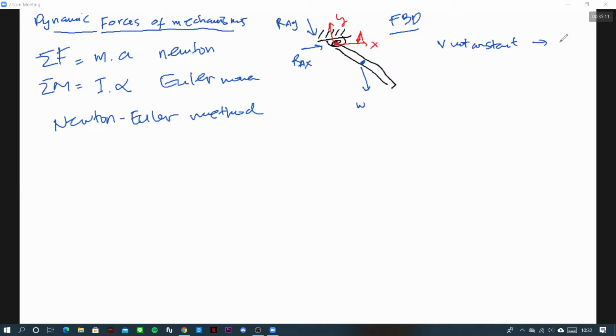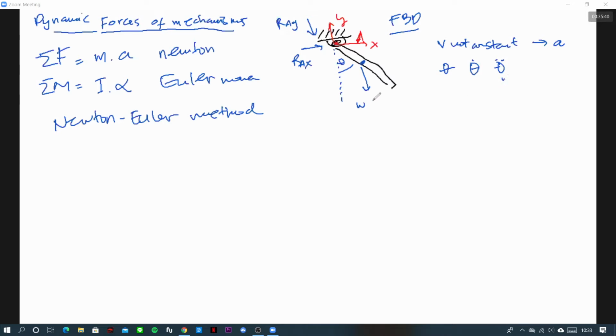Then also, because it is rotating, we have theta and theta dot, and then we have theta double dot. It depends. We can have it or not. If theta dot is constant, then theta double dot will be zero.